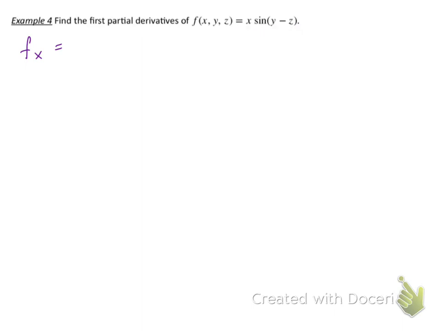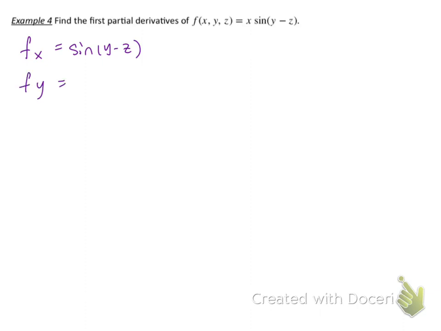Y and z are both constants or parameters, so sine of (y minus z) also is a parameter. I'm actually having a coefficient times x. When I take the derivative, I just get the coefficient. So f partial x is sine of (y minus z).